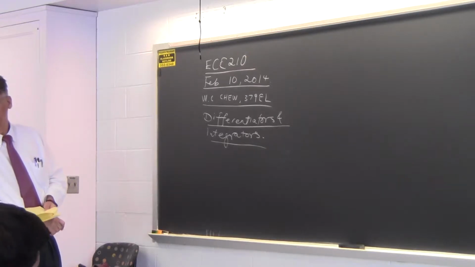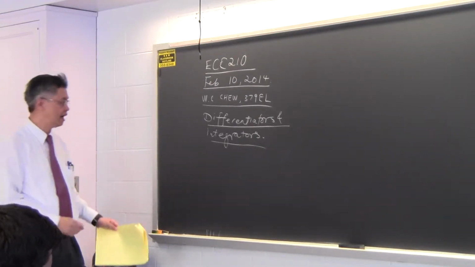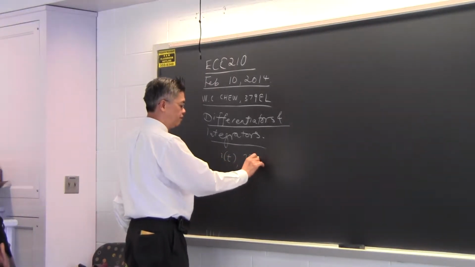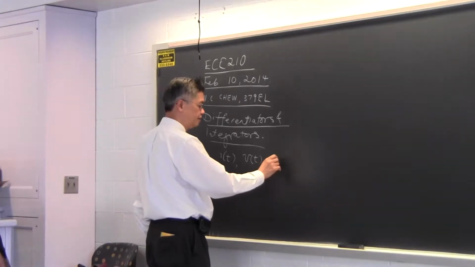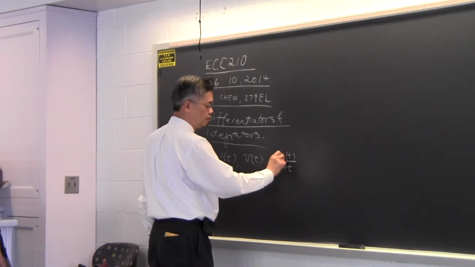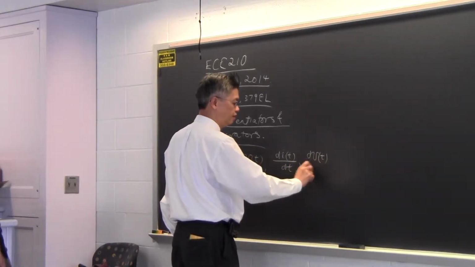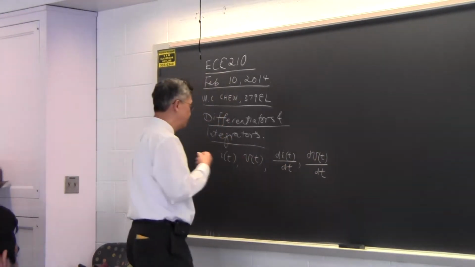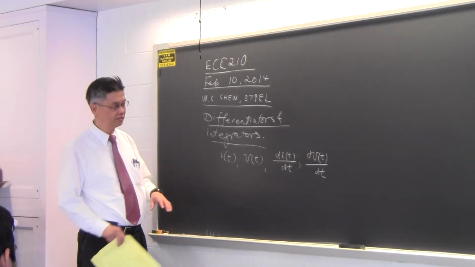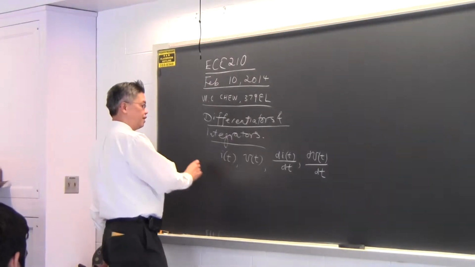They will be signals that are a function of time, like I might be a function of time, and then V might be a function of time. There will be circuits that will find the di/dt for you, and then some of them will find the dv/dt for you. These are called differentiators, and we will also design circuits that will do integration for you later on. But let's start with the differentiator circuit.